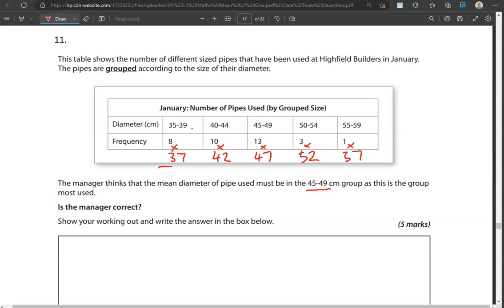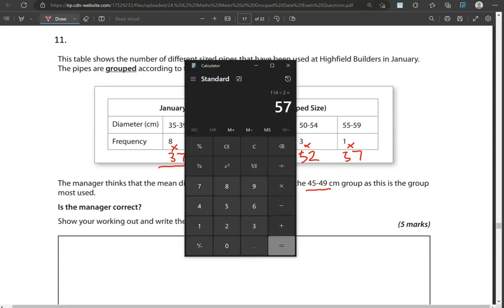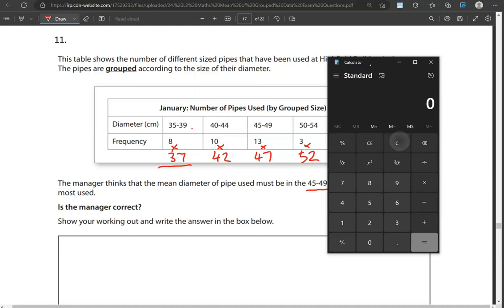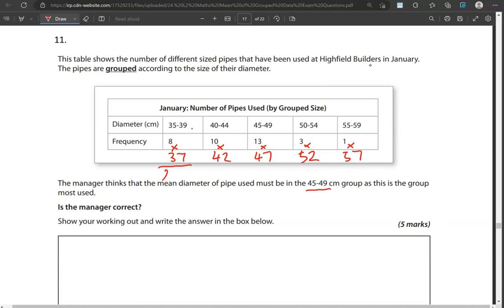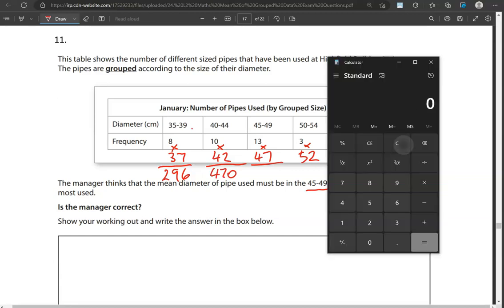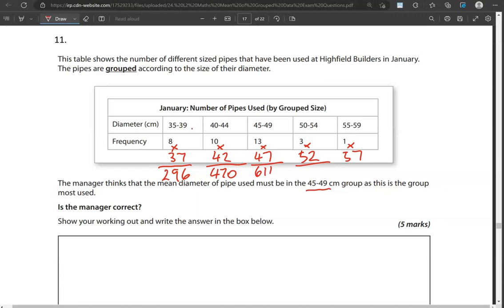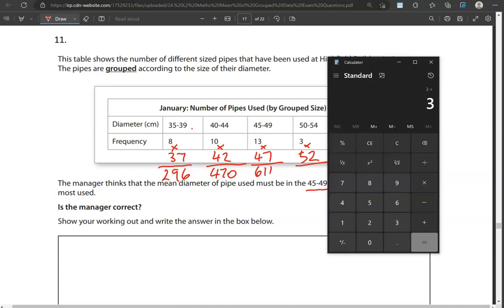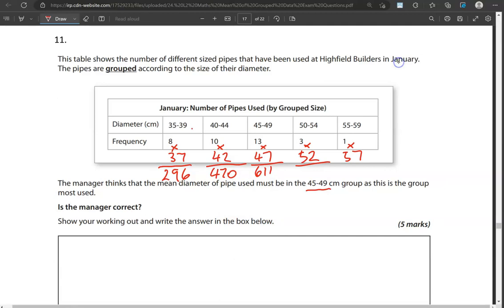So 8 times 37 is 296. 10 times 42 is 420. 13 times 47 is 611. 3 times 52 is 156, and 1 times 57 is 57.